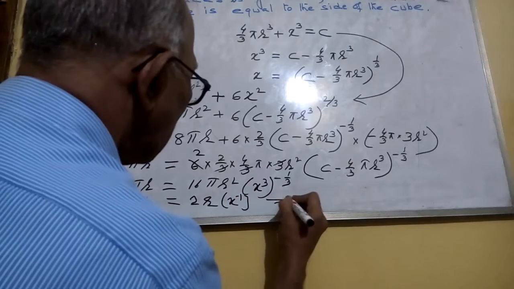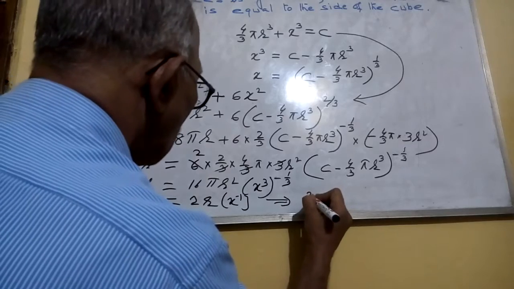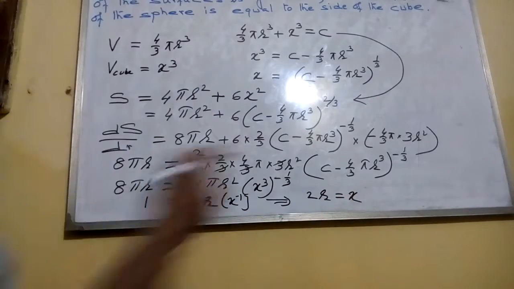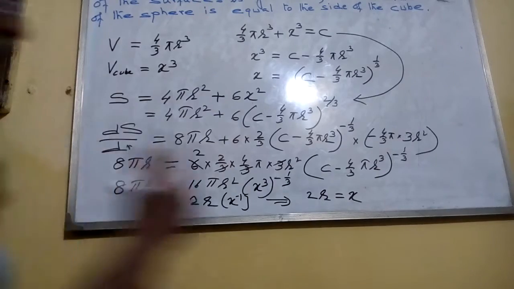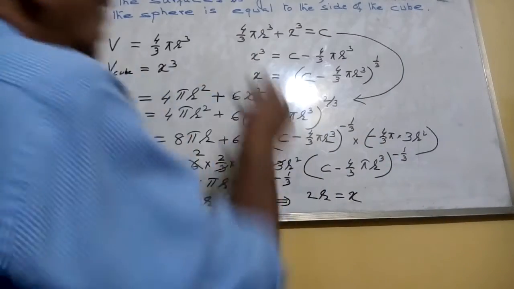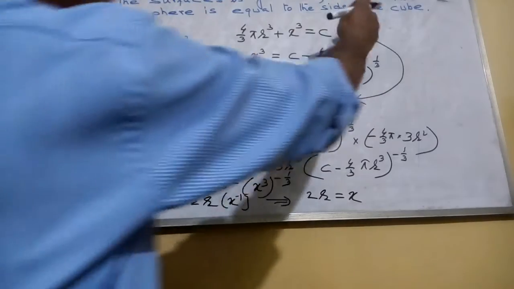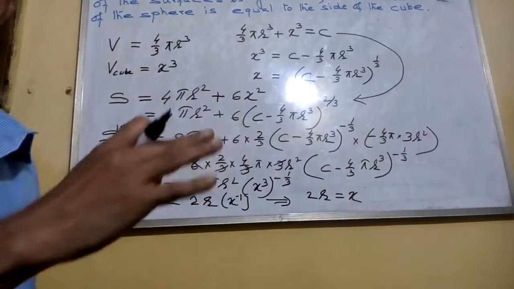This shows that 2r = x, and 2r is the diameter, and that is what we were supposed to prove, that the diameter of the sphere is equal to the side of the cube.